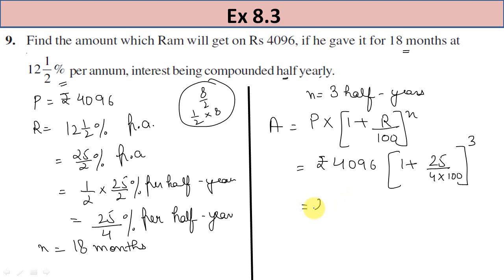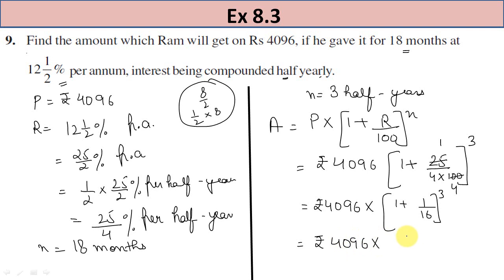Now inside the bracket, this 25 and 100 will get cancelled. 25 ones are 25, 25 fours are 100, and 4 into 4 will become 16. So it will be 1 plus 1/16 raised to the power 3. Let's take the LCM 16. It will be 16 plus 1, so 17/16 whole raised to the power 3.